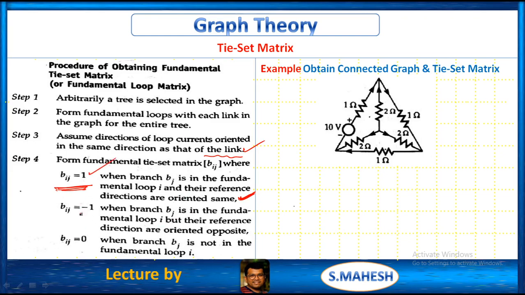Like that, we are having minus 1 when the branch is in the fundamental loop but the reference direction is opposite. We are having 0 when the branch is not in the fundamental loop. Don't worry, we will discuss in detail with one example.